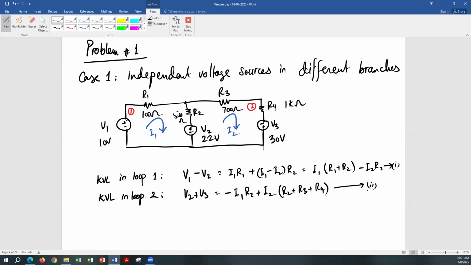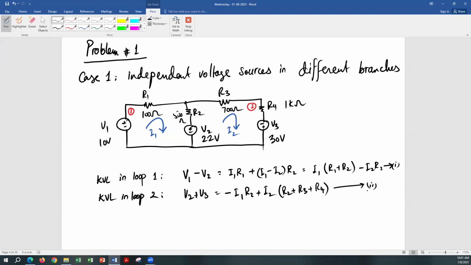And again, if you cannot write this, just write down the polarity where the current is entering and leaving. For example, if I am writing the equation for this, that's going to be negative V3, negative V2 plus I2 R2 plus I2 R3 plus I2 R4, and then the current is coming down, so it's going to be negative I1 R2 is equal to 0.